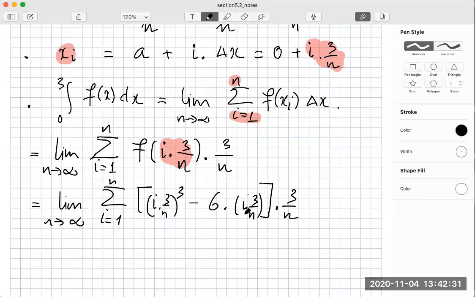So are we good with this? Do you all see it? Is there any question here? Very good, right?